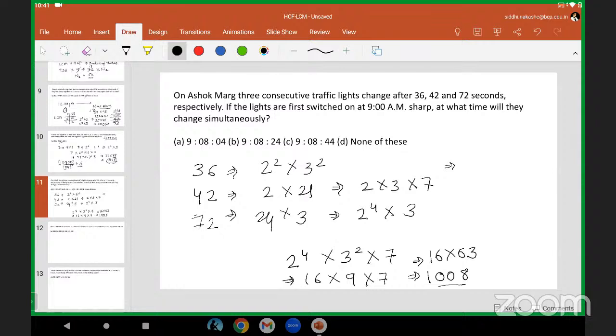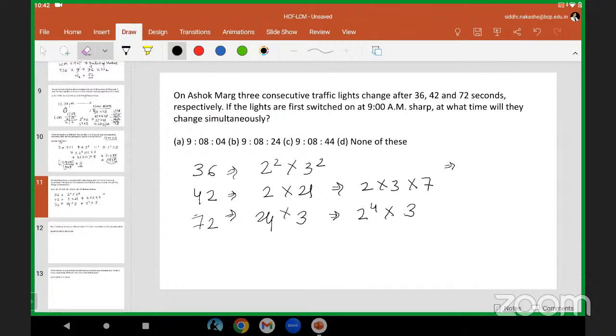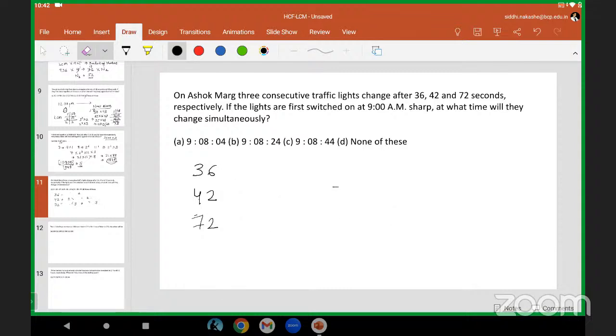So what's the closest number over here? So the LCM over here will be 504.